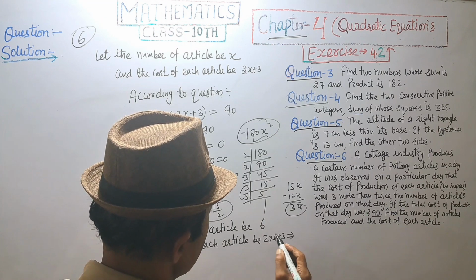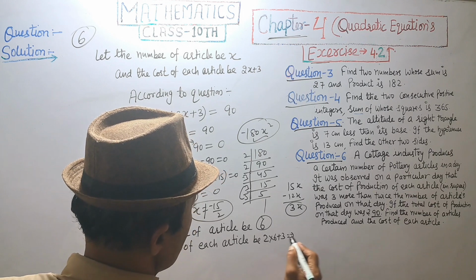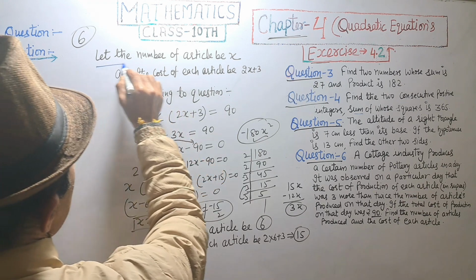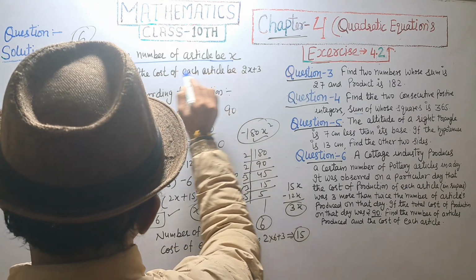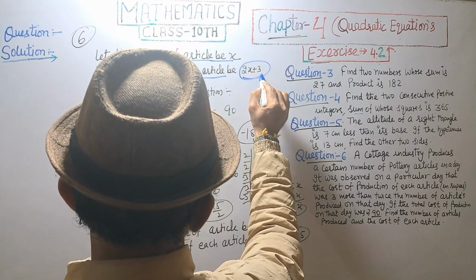This implies 6 2s are 12 plus 3, 15. Let the number of articles be x and the cost of each article be 2x plus 3.